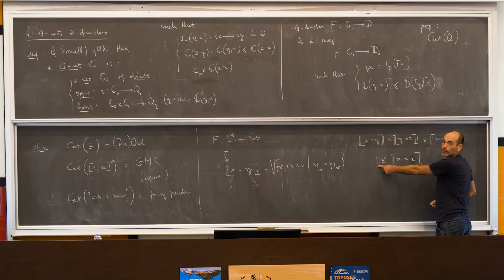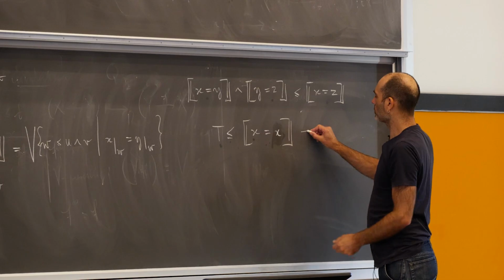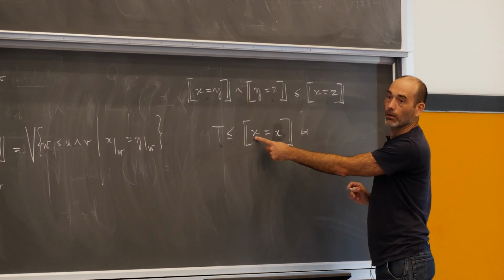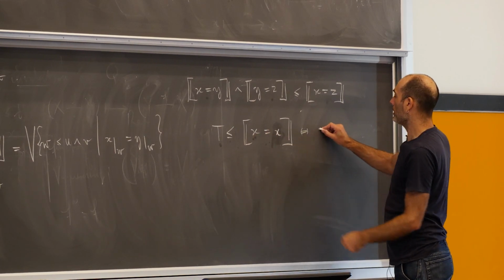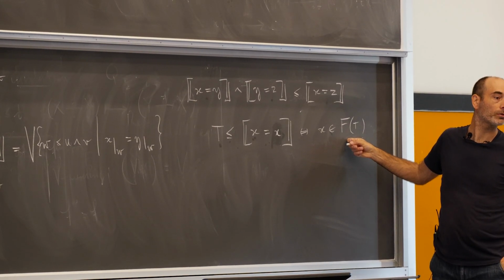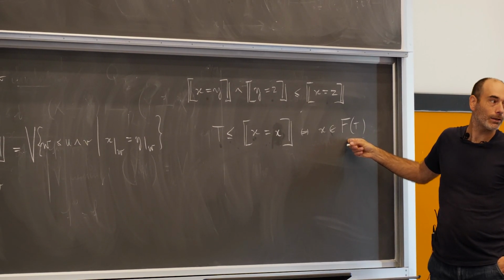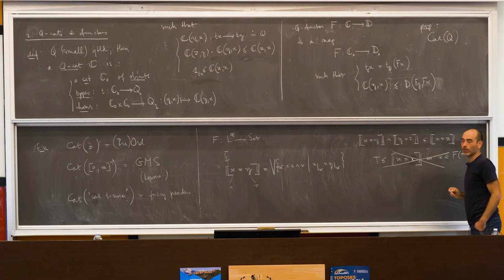To say that the top element of the locale, the biggest element of the locale, is smaller than the place where x equals x, would be to say that x exists on the top level. It really means that x is of level top, right? And it's precisely what we do not want. We want local sections. So we cannot do this. We cannot hope for a sheaf to define an L category. Sheaves are not L categories. We have to be smarter than that.